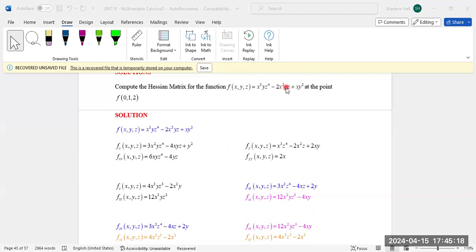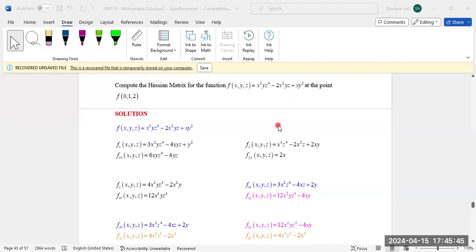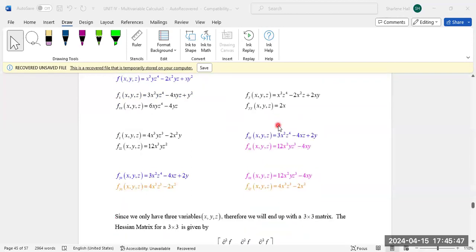Right here. So I overlooked it. When I was trying to get the x and the y, I was like, why is it not adding up? So I had to go back and I realized that I didn't include it. So that's why I started over. No problem.